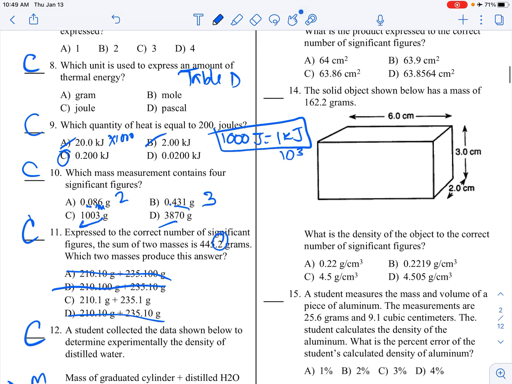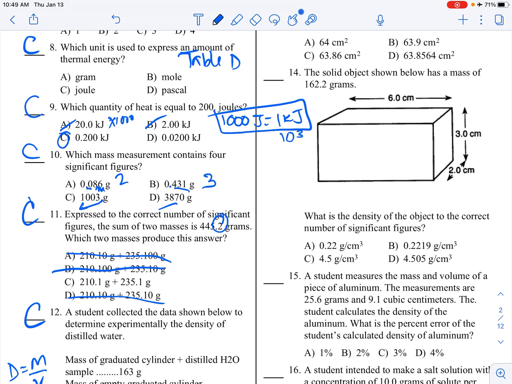The solid object shown below has a mass of 162.2 grams. What is the density to the proper number of sig figs? So, of course, density is mass over volume, and it says we have a mass of 162.2, but we need the volume. This is a regular solid, so it's going to be 6.0 times 3.0 times 2.0. So 6 times 3 times 2 is 36.